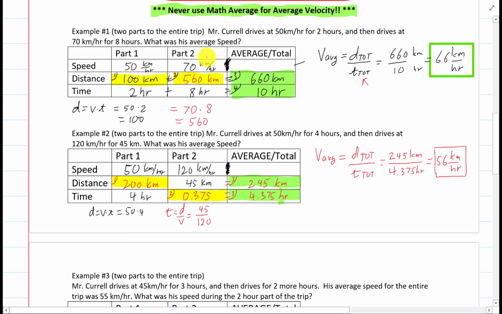This can be calculated a weird way. Just take a look at this and you'll understand it. Maybe if you're an advanced mathematician, here we go. I did this for 2 hours and I did this for 8 hours. So I did this speed 4 times longer.